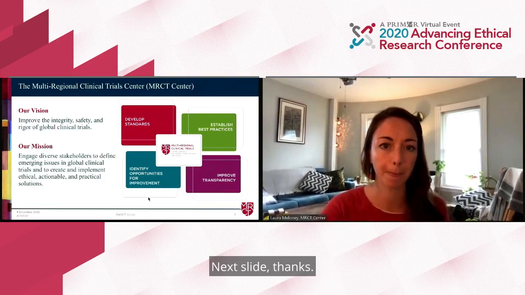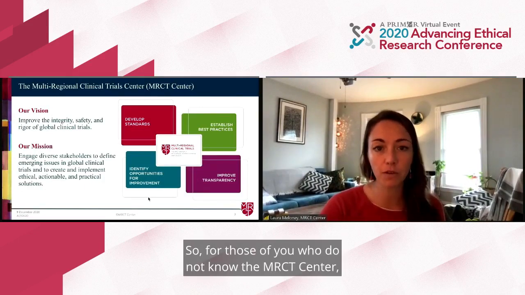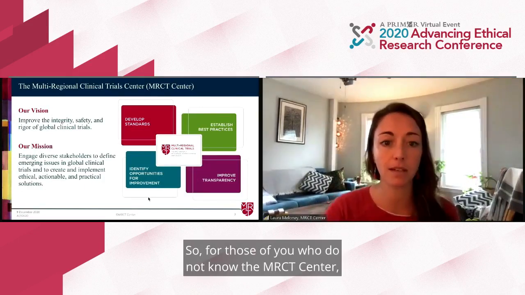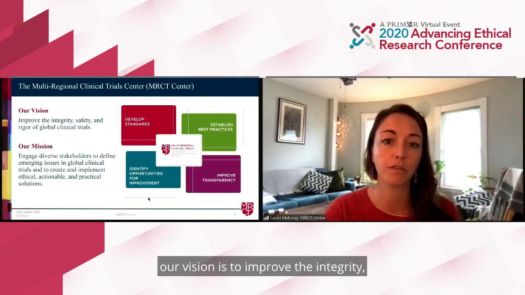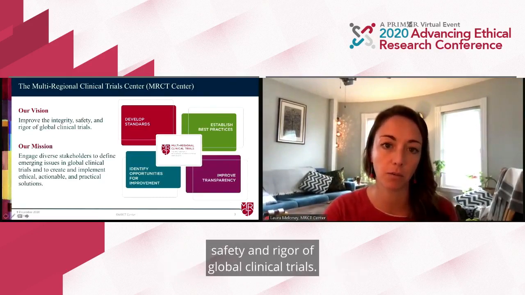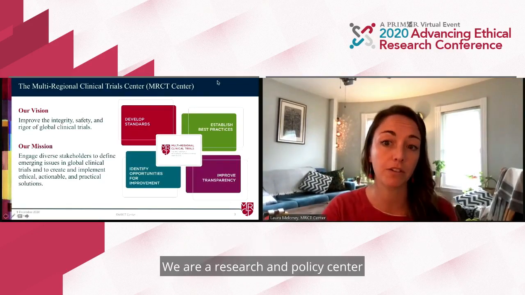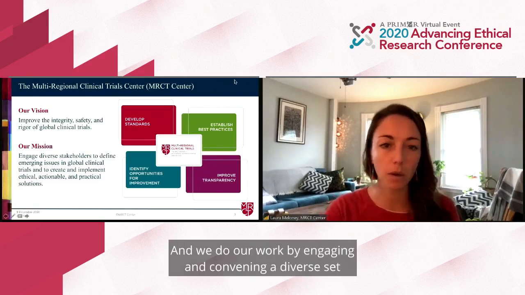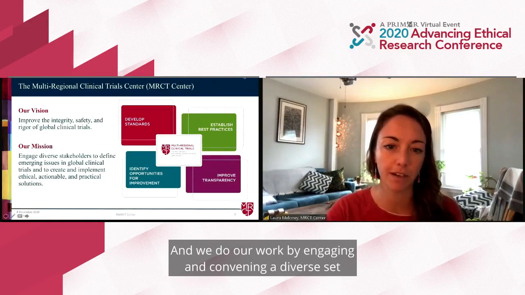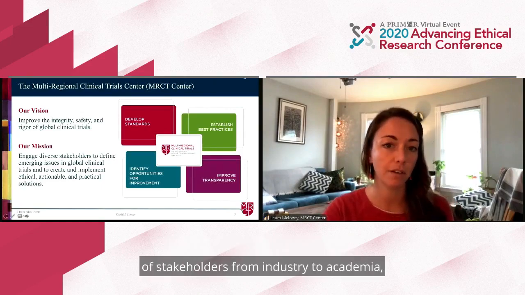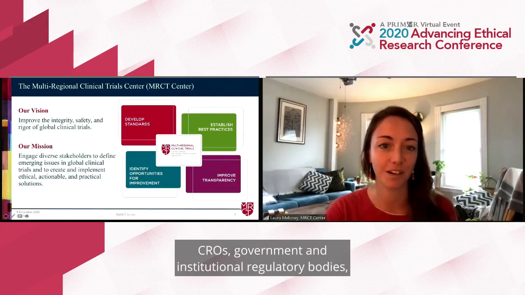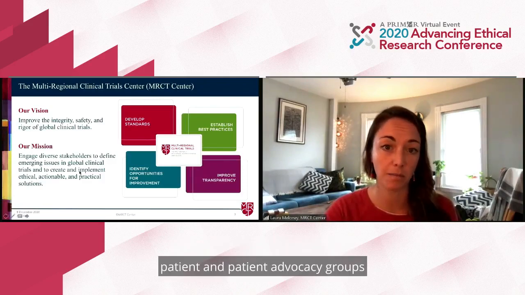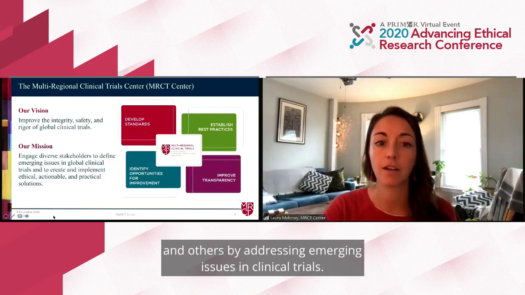Next slide, thanks. So for those of you who do not know the MRCT Center, our vision is to improve the integrity, safety, and rigor of global clinical trials. We are a research and policy center at Harvard and the Brigham and Women's Hospital. And we do our work by engaging and convening a diverse set of stakeholders from industry to academia, CROs, government and institutional regulatory bodies, patient and patient advocacy groups, and others by addressing emerging issues in clinical trials.